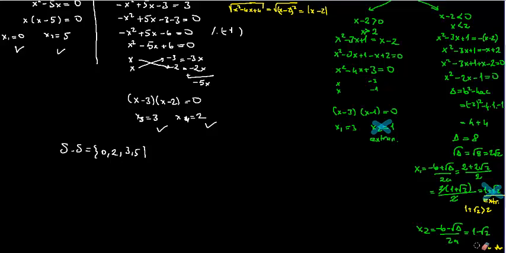I couldn't write 1 minus root 2 clearly, so I'm rewriting the last part again. 1 minus root 2 is less than 2. So this is inside the solution, but the others, x equal to 1 and x equal to 1 plus root 2, are not inside the solution set.